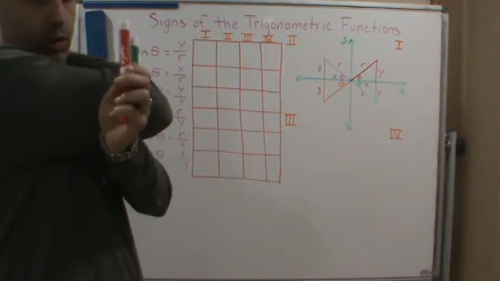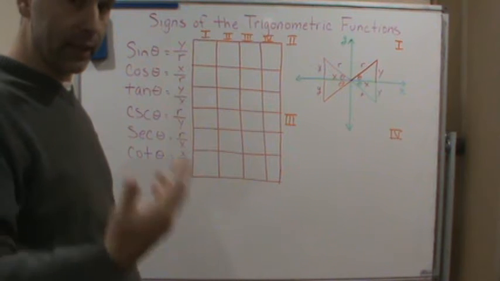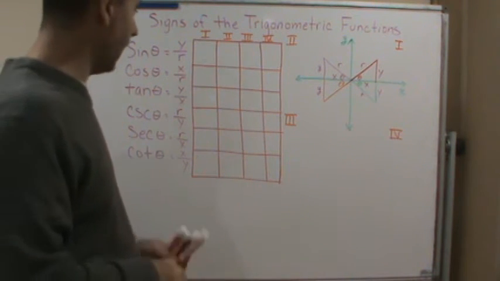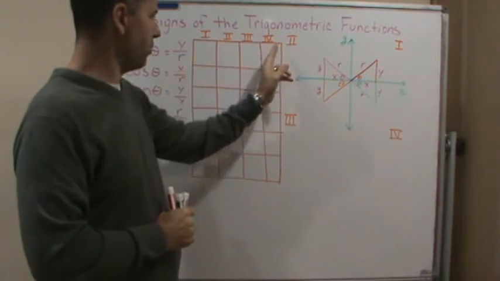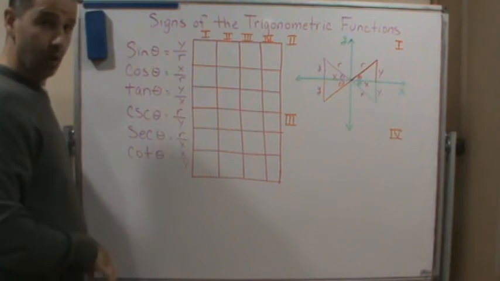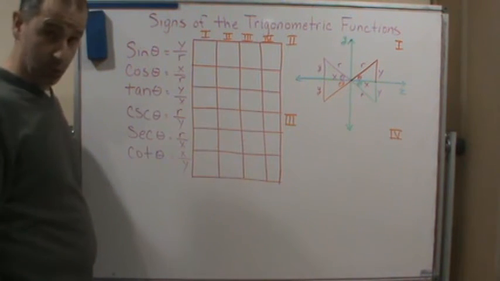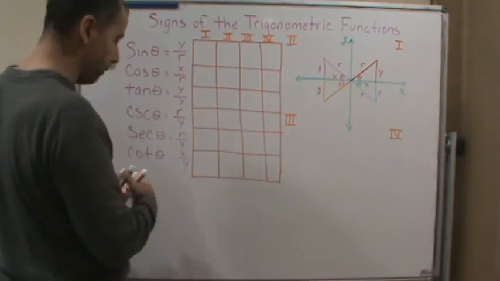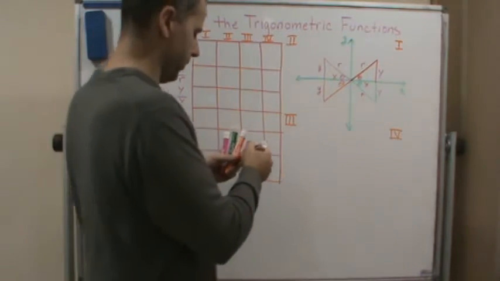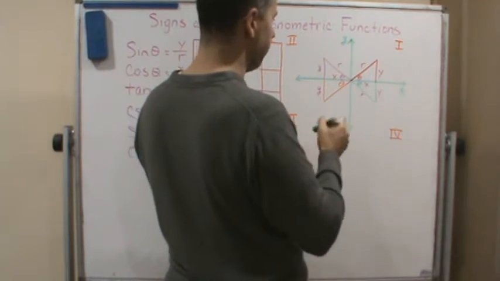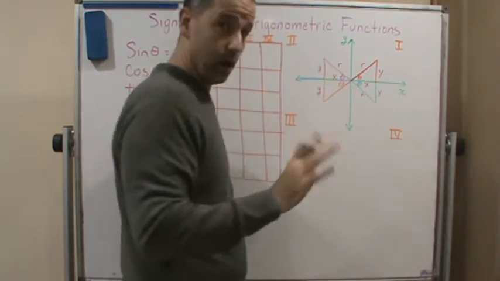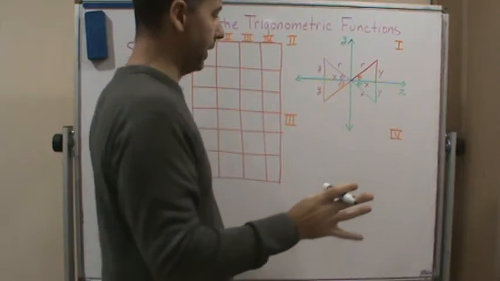We can use this when calculating the trigonometric functions, because depending on which quadrant we're in, we know by the different ratios what the sign is going to be. So we can fill in this table by referencing what we just talked about. I'm talking about x and y here, not r. Remember, r is always positive, so don't get confused by this.